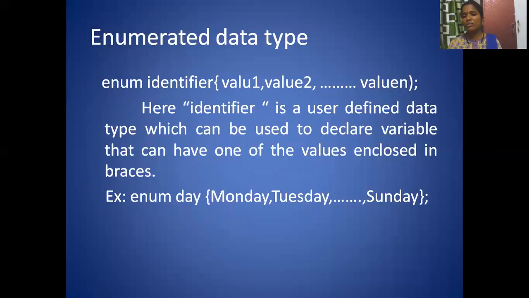It can be used to declare variables that can have one of the values enclosed in the braces. So for example, enum day, where I am grouping Monday to Sunday. If Monday is assigned as 0, obviously the next value will be Tuesday, the second value will be Wednesday, and so on. So like that I can give a numbering.